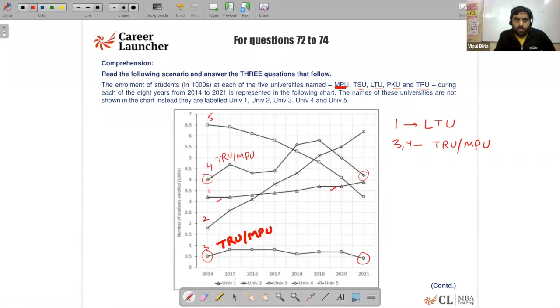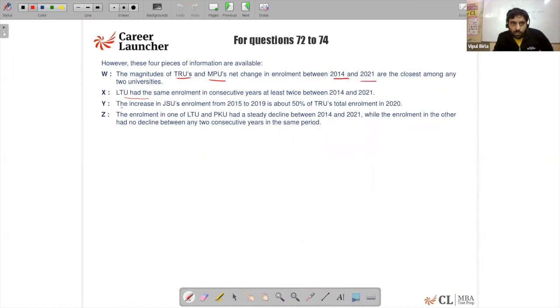Okay, so let's look at the next information. The increase in JSU's enrollment from 15 to 19 is 50% of TRU's enrollment in 2020. So JSU's increase from 15 to 19 is 50% of TRU in 2020.